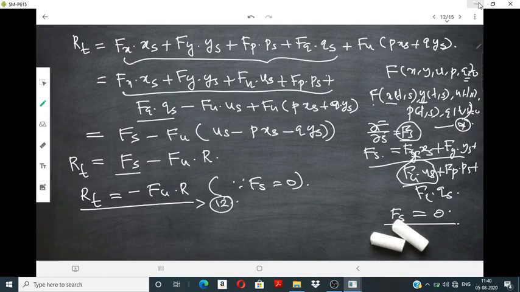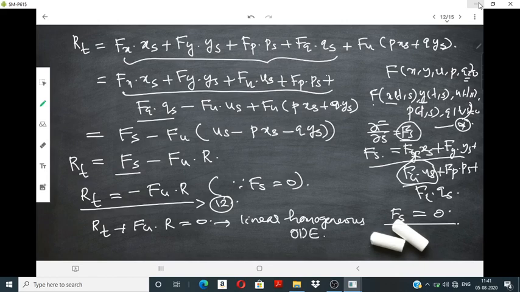So from the equation we can consider this as a linear homogeneous ODE, isn't it? So we can write it as rt plus fu into r equal to 0. So this is a linear homogeneous ordinary differential equation.